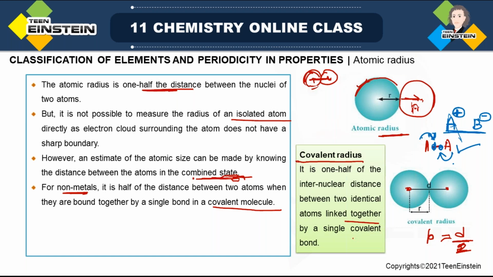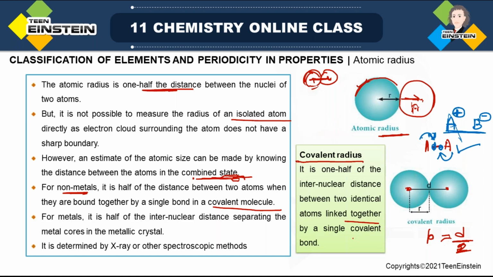So this is the definition of covalent radius, but this is for non-metals. But if there is metal, suppose both the atoms are metals, now it is different. Now it is half of the internuclear distance separating the metal cores in the metallic crystal.